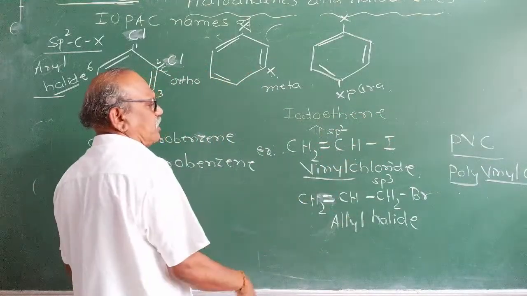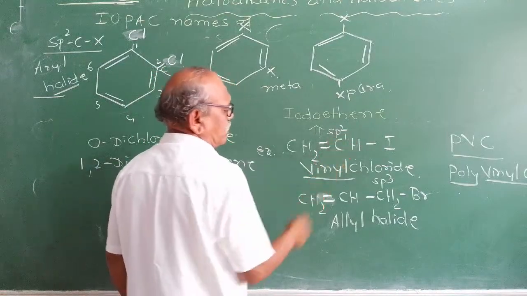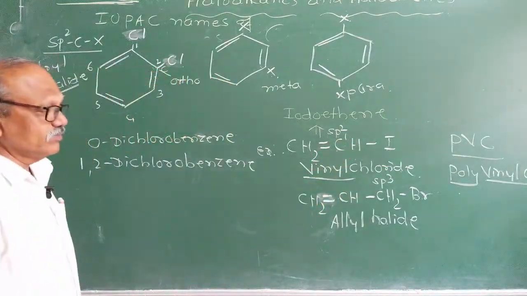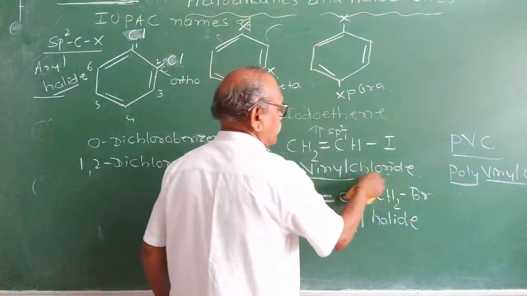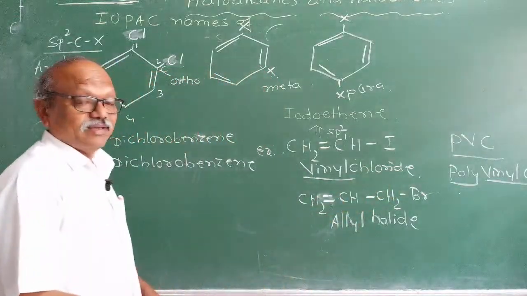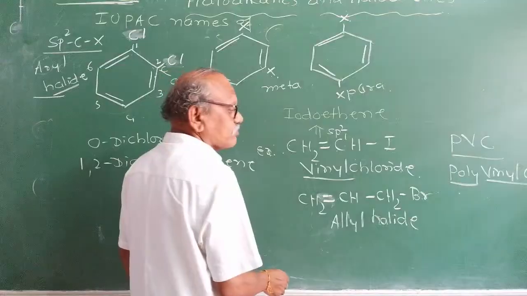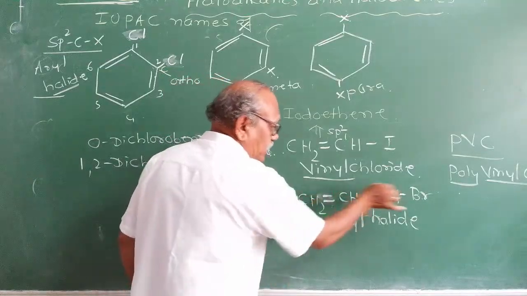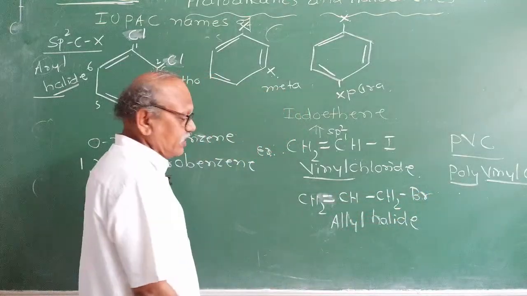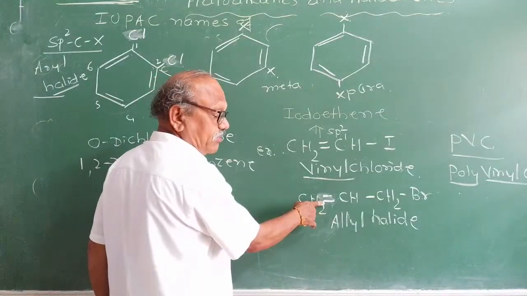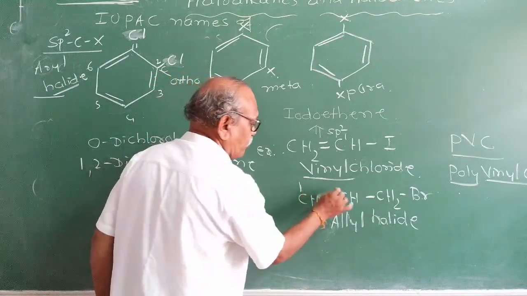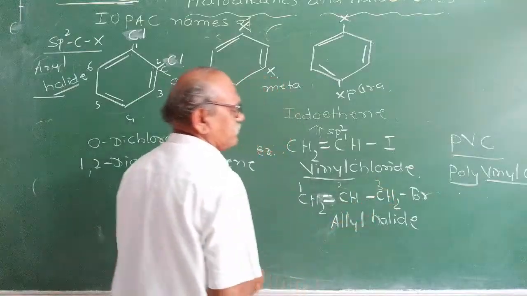Can you name it with a number? Numbering is one only. How do you number here? Here there is a double bond. Here there is bromine. Be careful. The carbon atom containing the double bond should get the lowest number. Therefore 1, 2, 3.